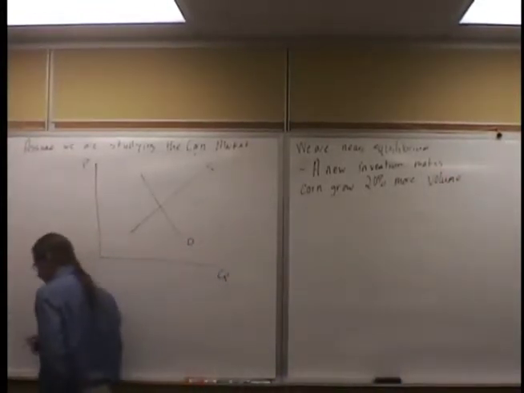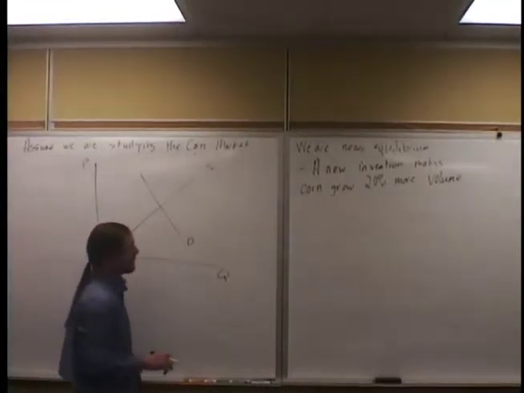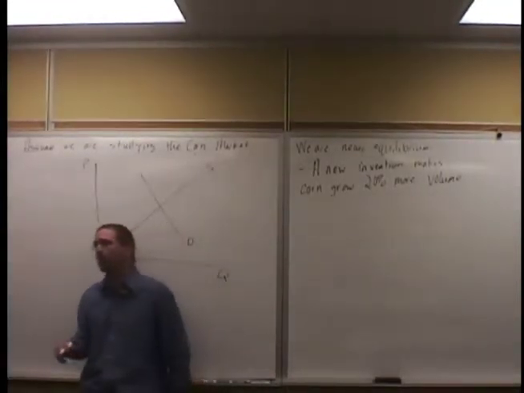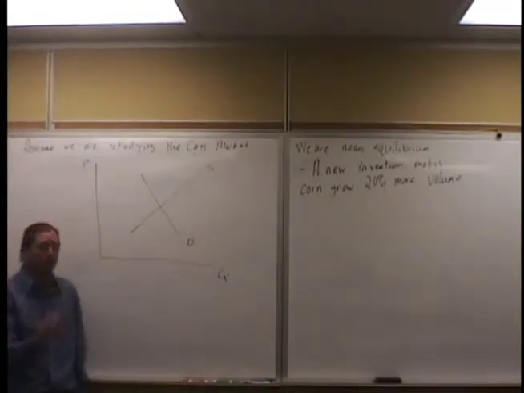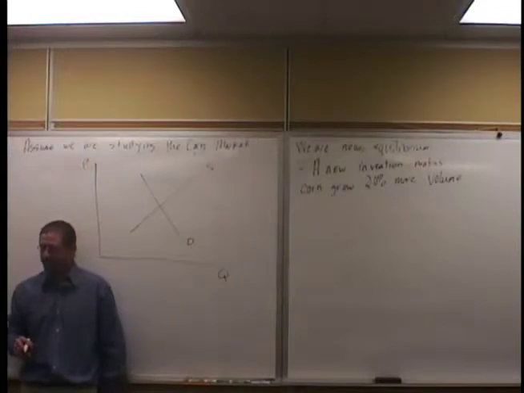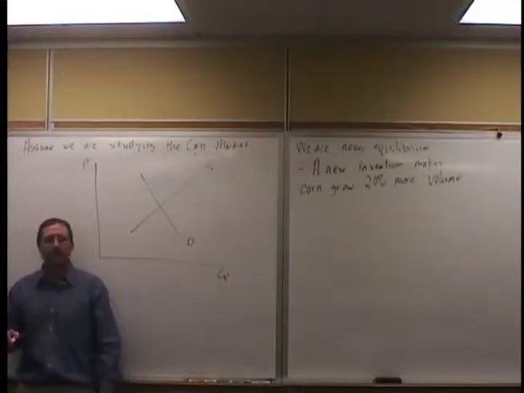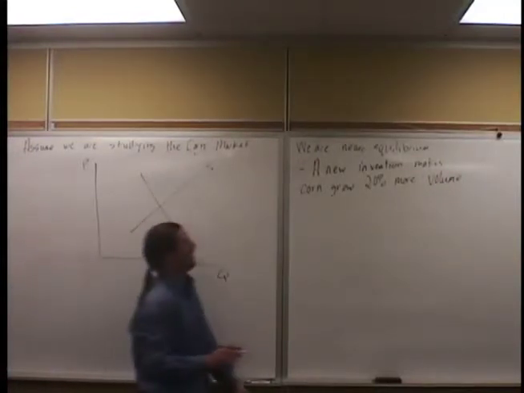So you read in some science magazine that there's a new invention out there that's going to make corn grow 20% more volume per kernel than it was before. All right? Everything else is going to stay the same, but there's going to be more production due to this new invention. All right, so good. New invention.